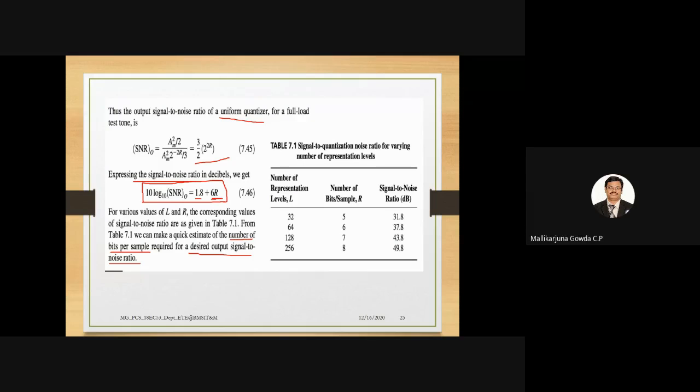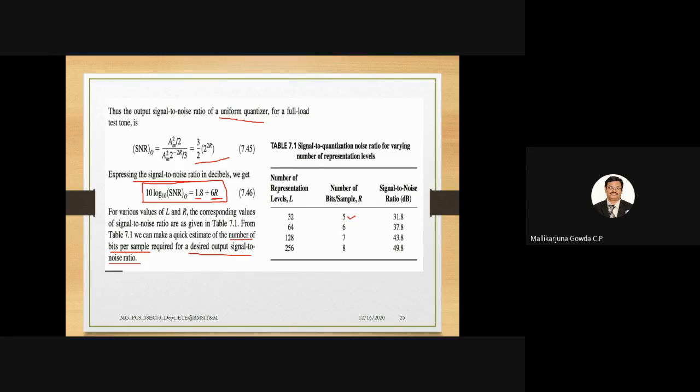Here, for different values of L, we all know how L and R are related: L is equal to 2 power R. So when R is equal to 5, L will be 2 power 5, which is equal to 32.